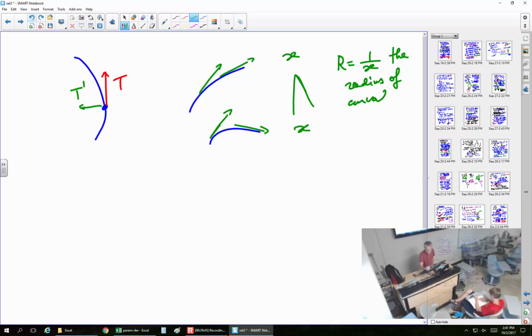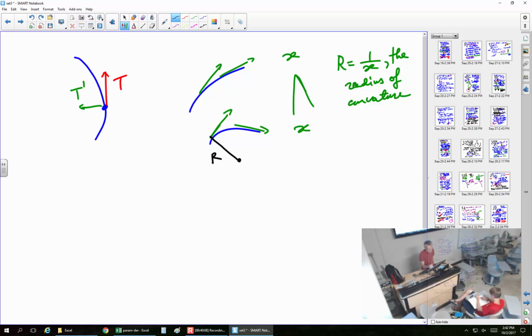Radius of curvature means there is a circle somewhere, which is still to come, and you can try to approximate with it. Once you know the radius of curvature, this is what you do: you go perpendicular to the tangent by r.